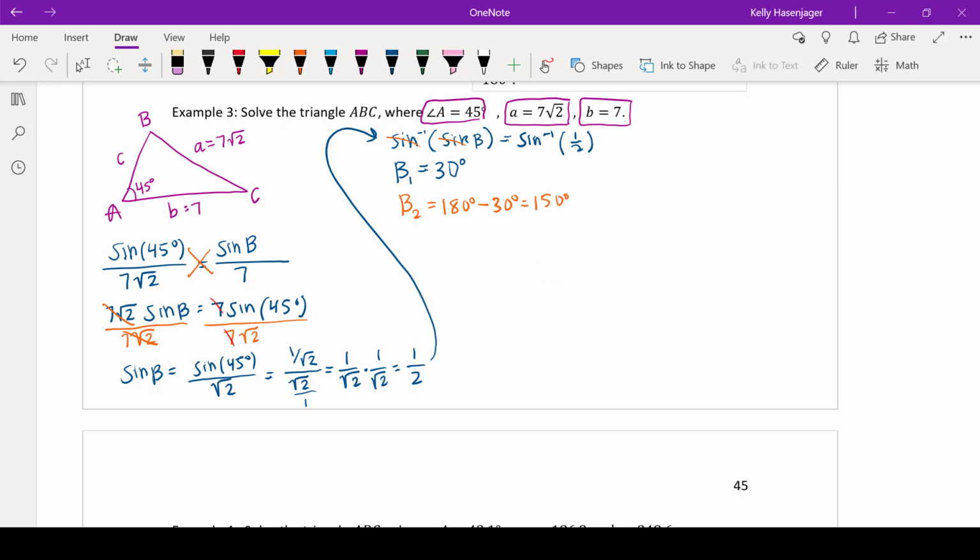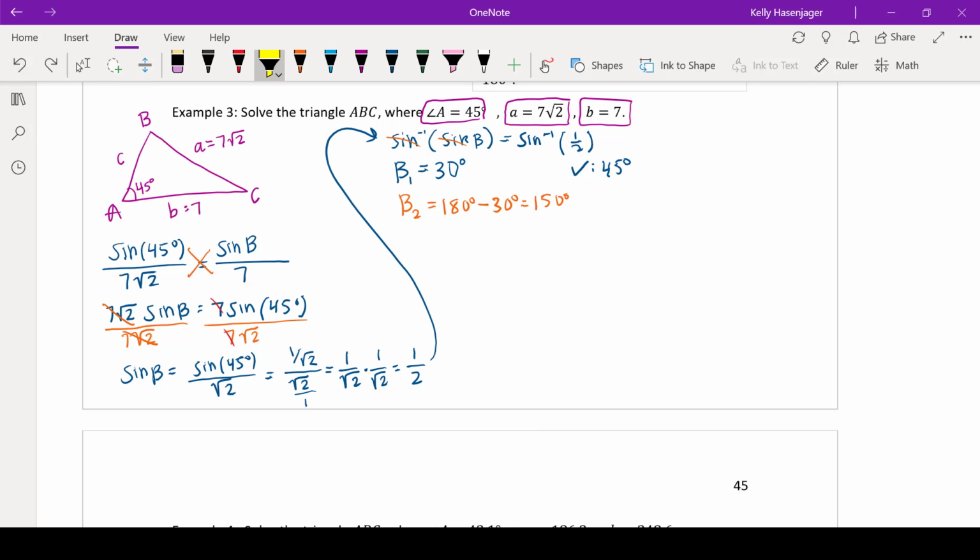So now we have two possible places on the unit circle that give us sine being 1/2. Let's make sure that both of those possible angles work with our given information. So we're going to go over to b sub 1 and check the given angle, which is A, 45 degrees.